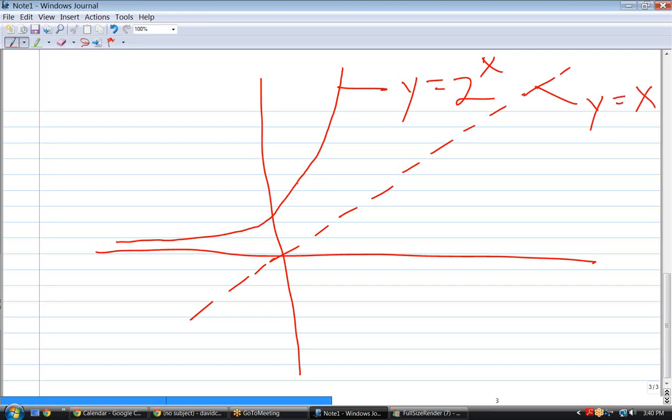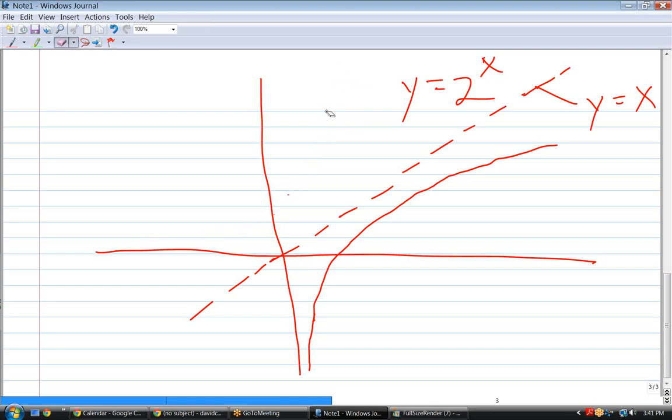If I were to take this original 1-to-1 function and reflect it about that line, I get something that looks like this, correct? Yeah. That is the inverse. All inverses are reflections about that same line, y equals x. And you can't have that if the function isn't 1-to-1.